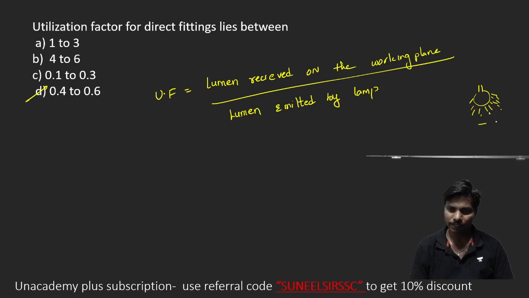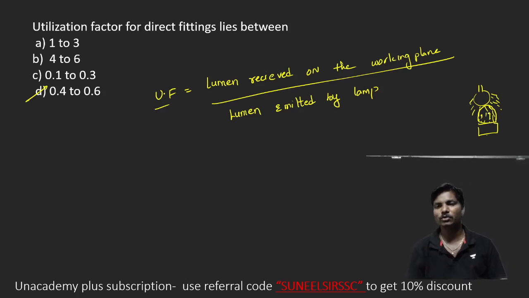In this, the working plane may not receive all the lumens. Some lumens may be deviated. So the utilization factor tells how many of the lumens we have utilized: lumens received divided by total lumens emitted by the lamp.